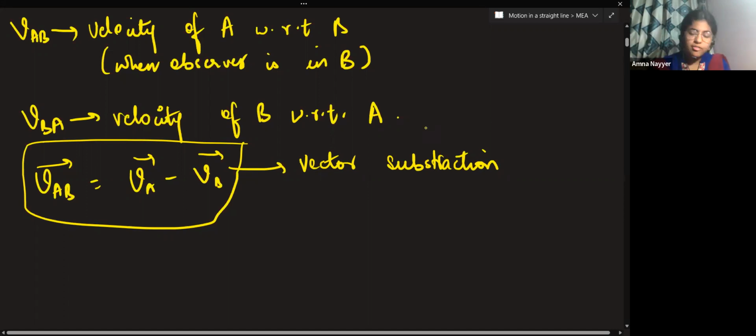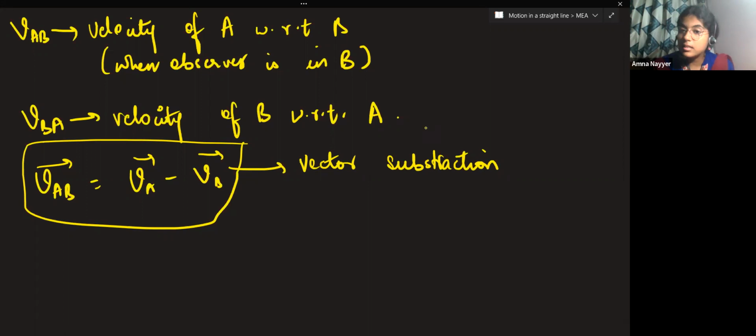So 5 minus 3 is 2 in algebraic subtraction. But in vector subtraction, 5 minus 3 can be 2, 5 minus 3 can be 0, 5 minus 3 can be 2 again, 5 minus 3 can be negative values.